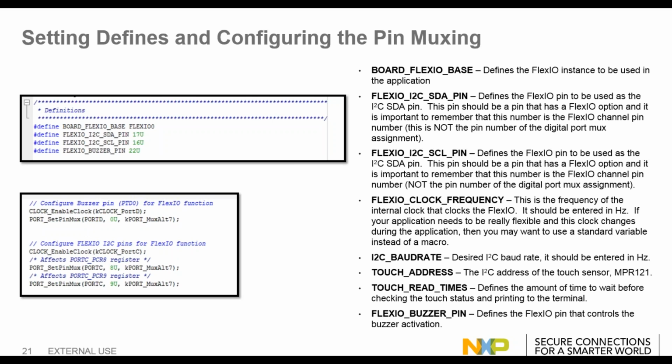Tying those physical connections to our software, you can see the defines we have on the top left. The I2C data pin is connected to FlexIO pin 17, the I2C clock pin to FlexIO pin 16, and the buzzer to FlexIO pin 22.